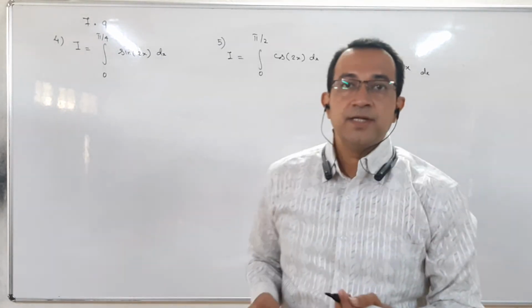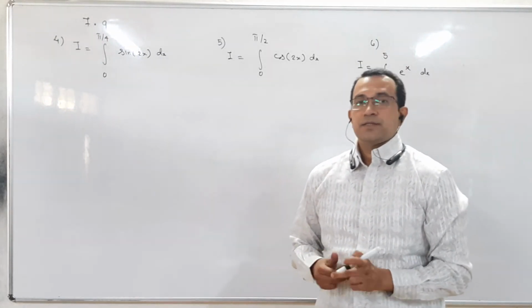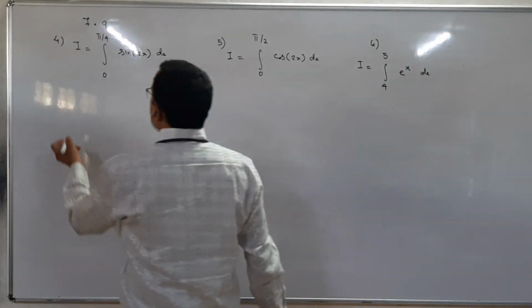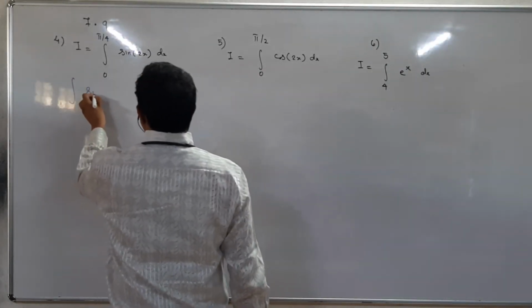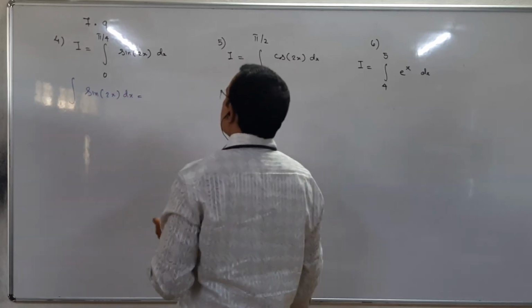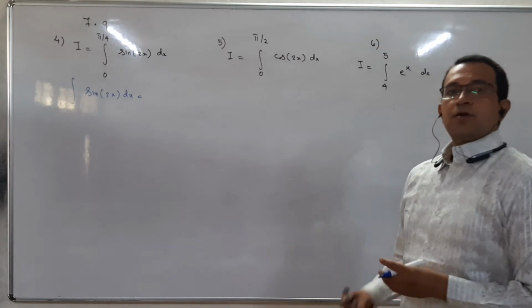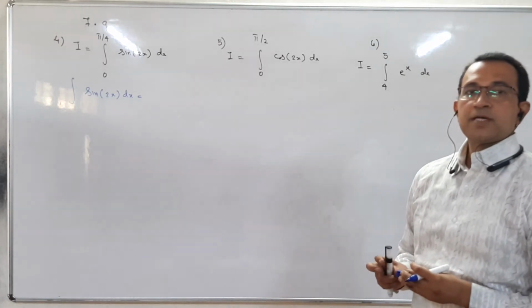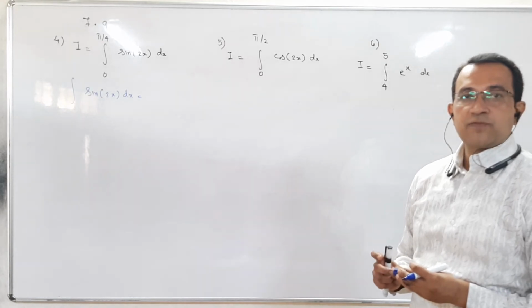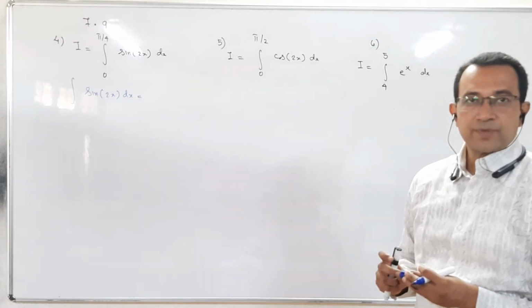Okay, students, let us do the sums. First of all, I operate indefinite integration of sine 2x dx. All of you know integration of sine of ax plus b is minus 1 by a cos of ax plus b.